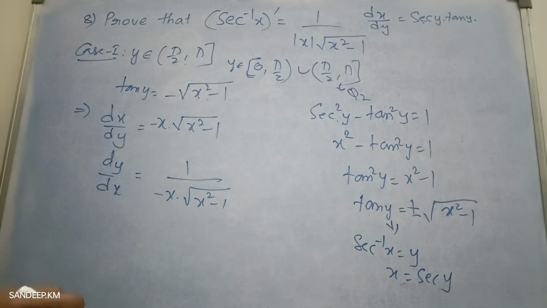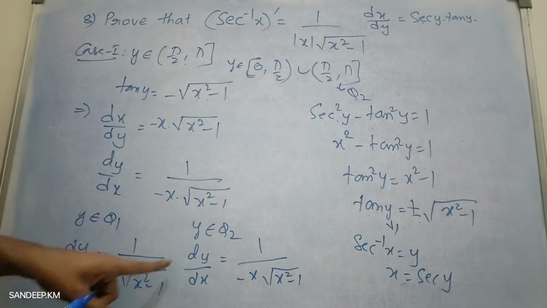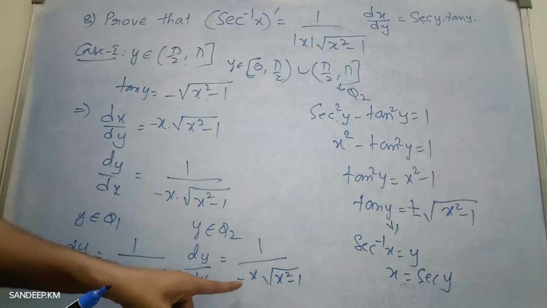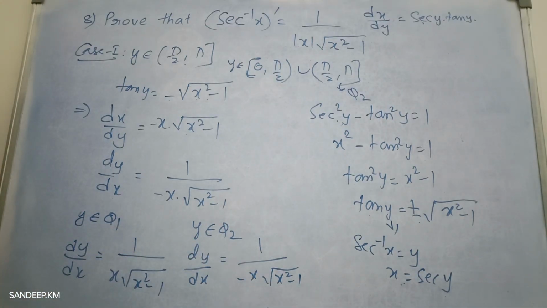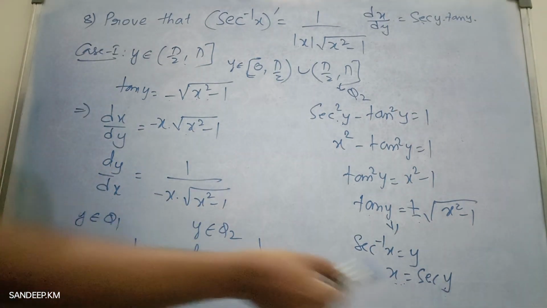But remember one thing, dear students. In case 1, I got dy by dx as 1 by x into root of this. And in case 2, when y is in the second quadrant, I got dy by dx as 1 by minus x into root of this. Please observe, when y is in the first quadrant, secant y is positive, so x is positive.